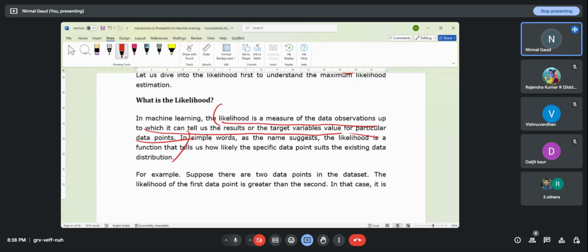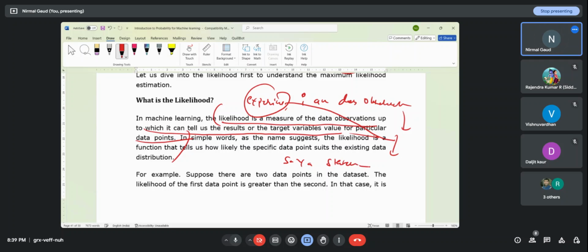What I told in my explanation related to the likelihood is, according to my experience, I am doing observation, and after doing this observation, as per my experience, I will say a statement. So this statement is likelihood. You can quantify it in terms of a function that will be called a likelihood function.